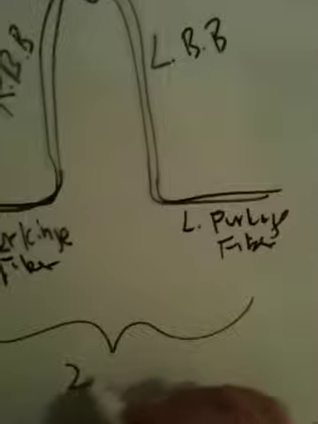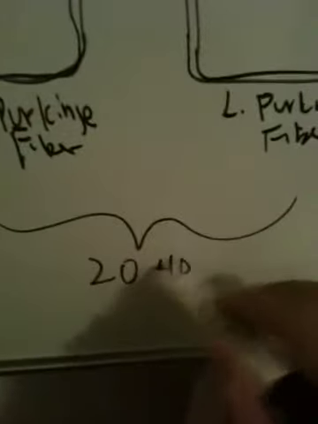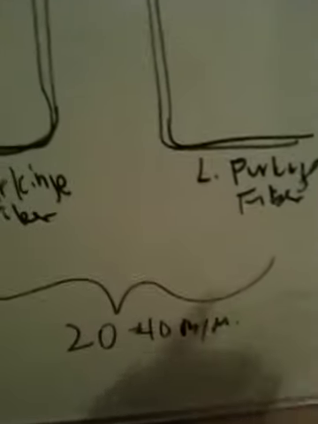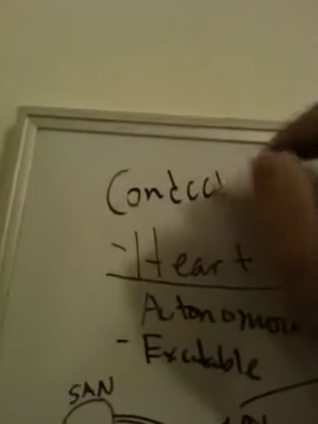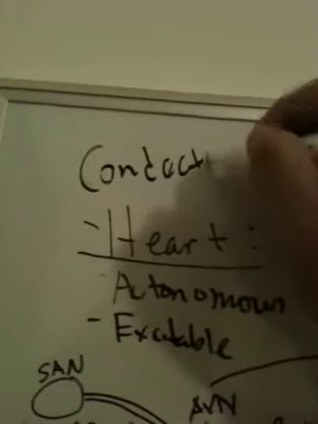It will transmit this down to the right and left bundle branches, and both of these have a respective rate of around 20 to 40 beats per minute. Basic. So this is called the cardiac conduction system.